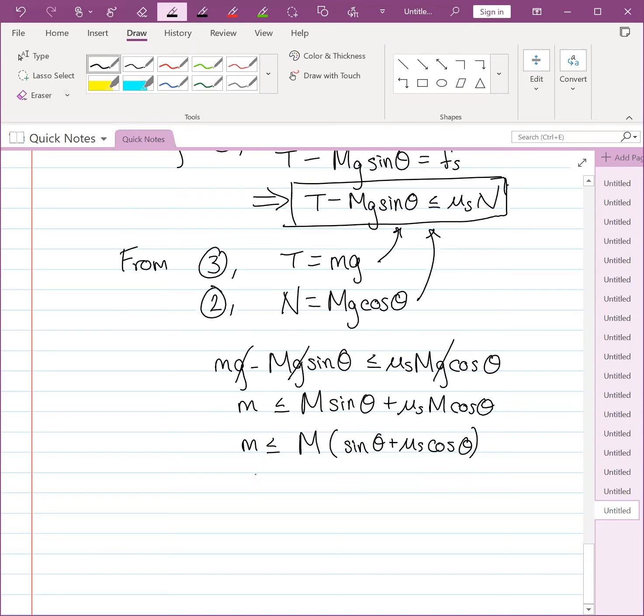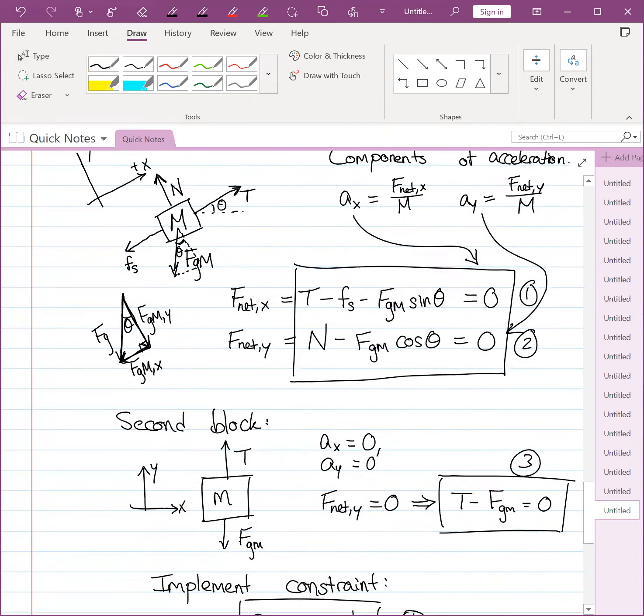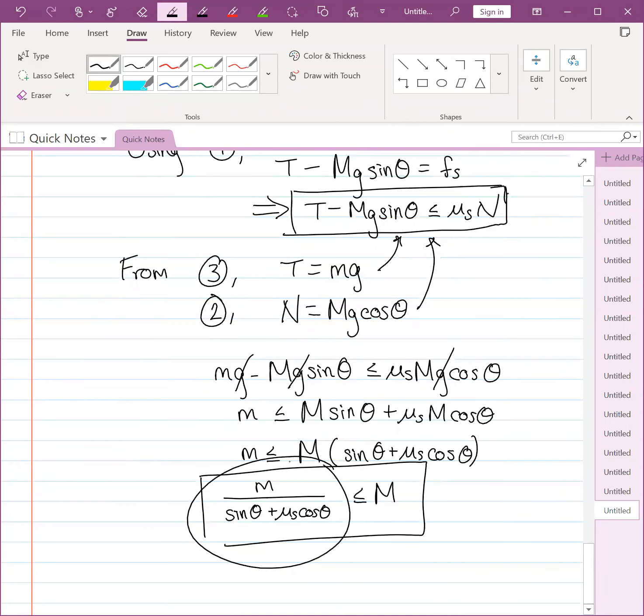Then we can solve. So we get that m divided by sine theta plus mu sub s cosine theta has to be less than or equal to capital M. This gives us the minimum possible value of m. If capital M is any smaller than this, then it'll slide.